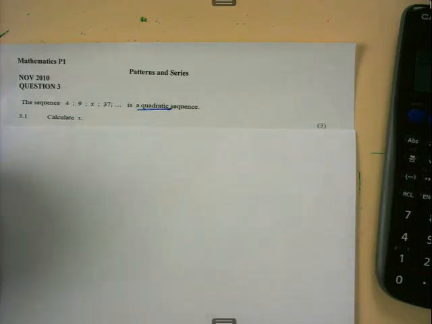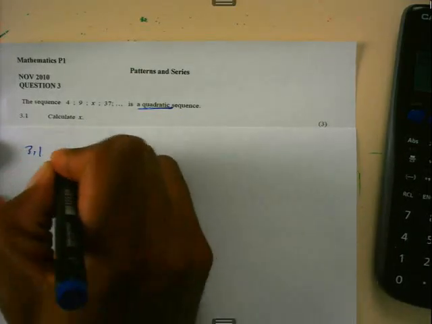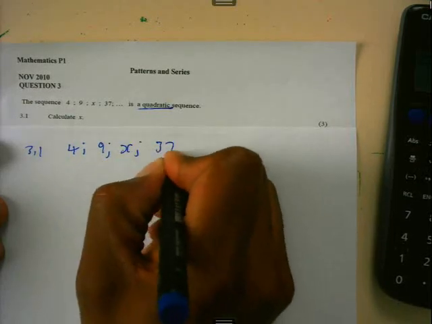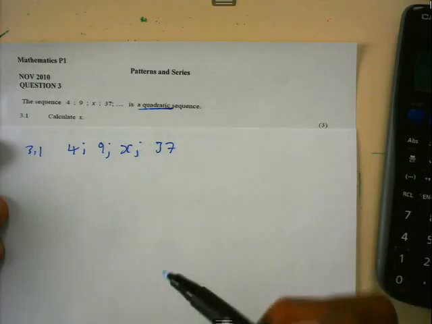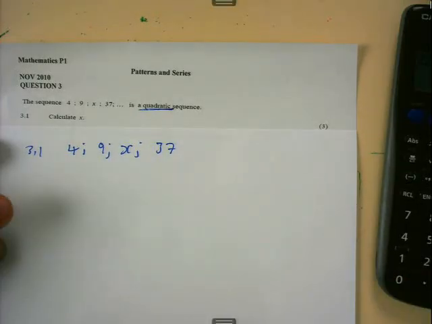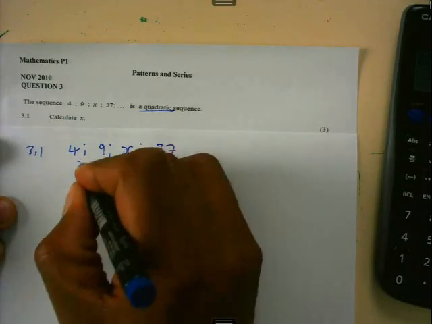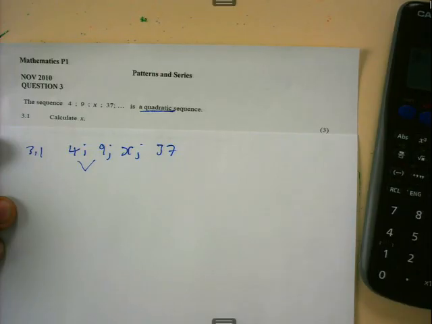Then you'll agree with me that we need to take the sequence 4, 9, x, 37. Right? We have term 1, term 2, term 3, term 4. What is it that you're going to do here? We determine the first difference. When you determine the first difference, you take 9 minus 4.